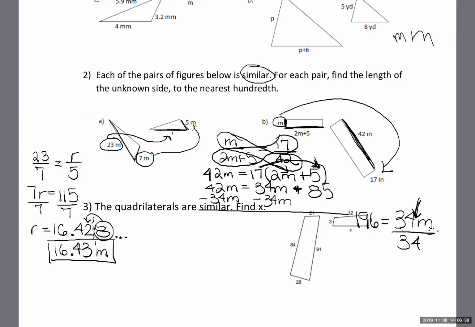But on this problem, I'm not trying to break up the 34 and the m. I'm trying to take this entire 34m away. And look what that entire 34m is doing with 85. It's adding. So I'm going to do the opposite. It's a term. It's something adding or subtracting. So I have to move it through addition or subtraction because I'm taking the whole thing, not just the multiplier.